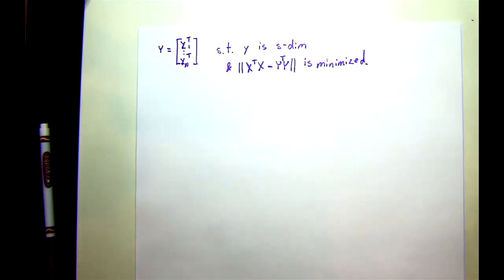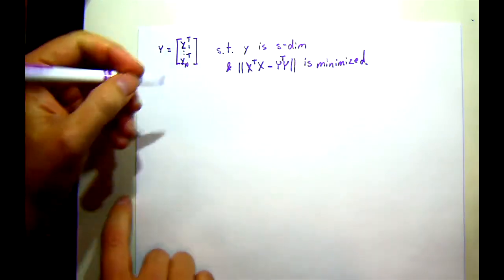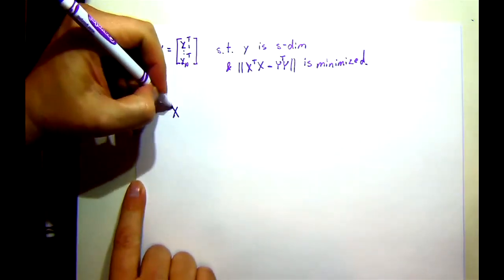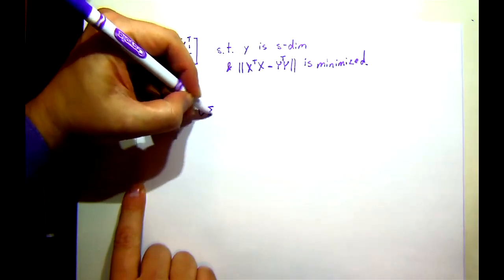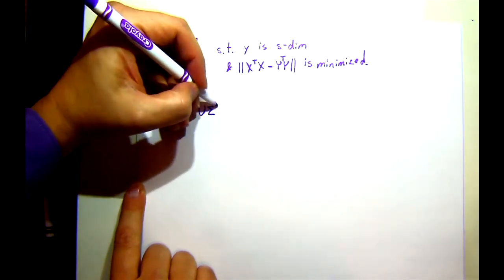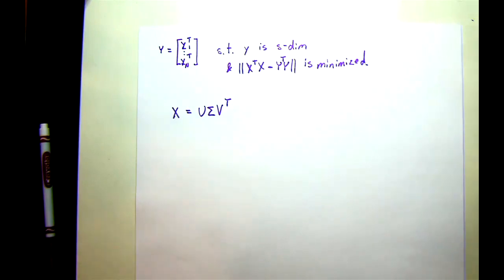So again, SVD is going to be the technique we're going to use. If we look at SVD, we know that X is equal to some U sigma V^T. Now we can project out some of those dimensions, basically just drop them.